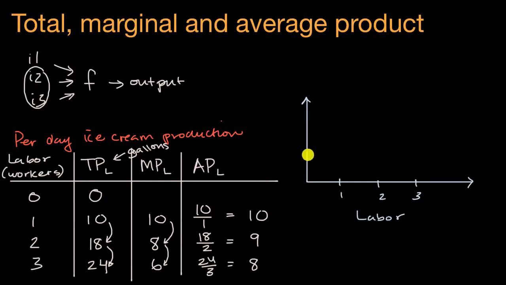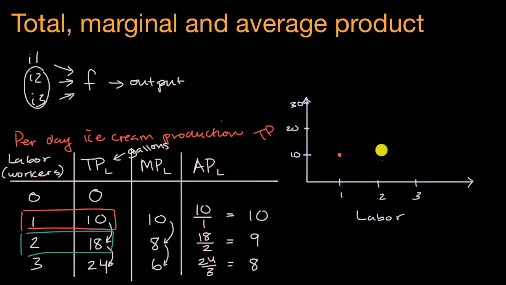So total product, I could say. So let's say that's 10, 20, and let's say that is 30 right over there. Well, this first one right over here, when we have one person working in the factory, we produce 10 gallons per day. And this is total product right over here. When we have two people working in our factory, we produce 18 gallons a day. So it's going to be just like that.